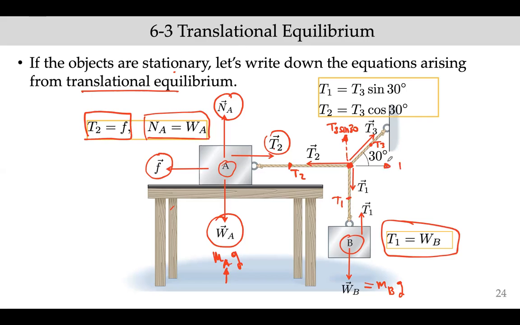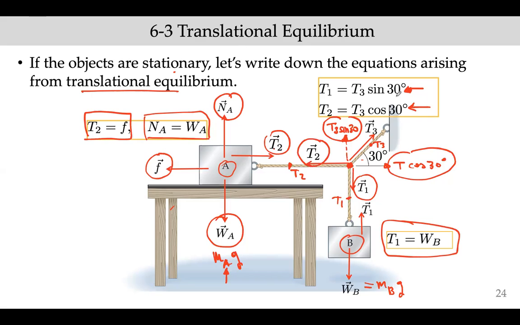And this one, because this is close to the angle, is going to be cosine 30. What are the equations here I can write? Well, T2 should be equal to T3 times cosine 30, which is here. And T1 should be equal to T3 sine 30, which is here.